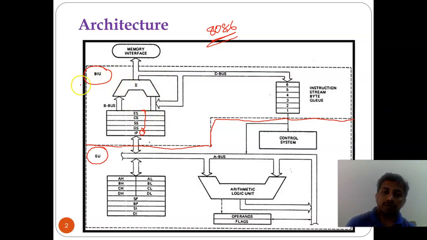The main function of the bus interface unit is to collect the data from the memory and feed it to the execution unit.